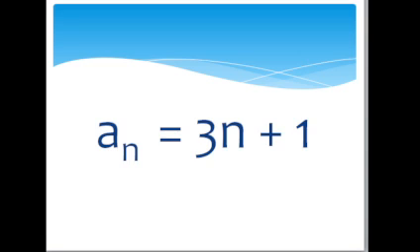So if you have the formula or the general term, you can still get, if you will be asked, what is the 10th term for this sequence, by using the given general term or the given formula.